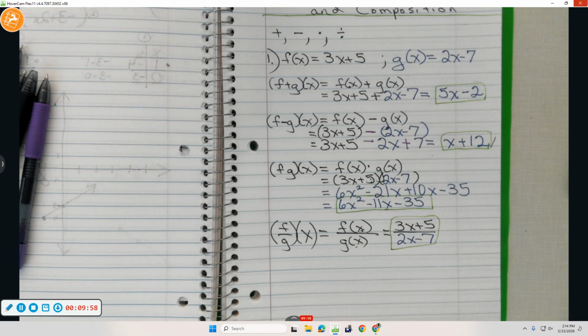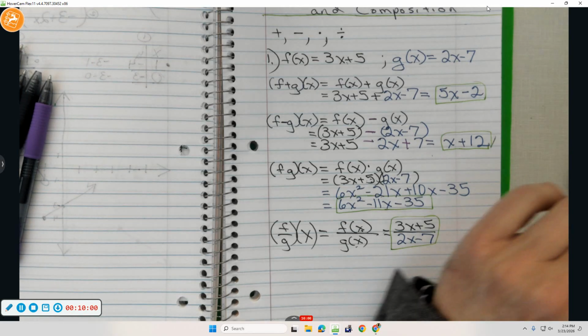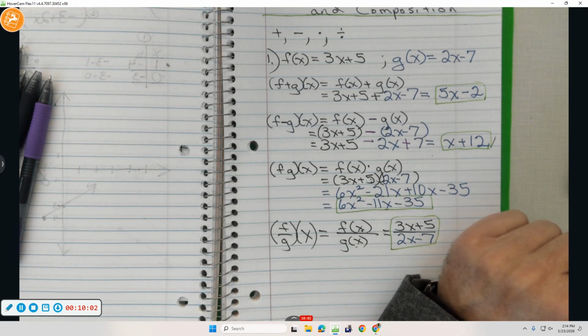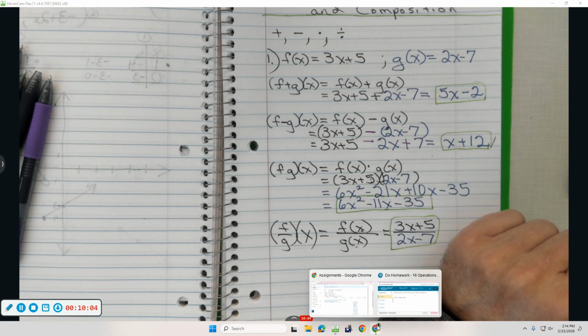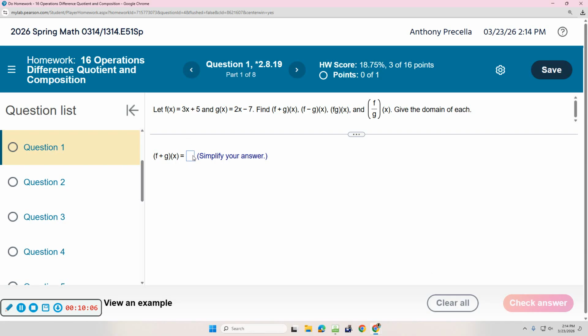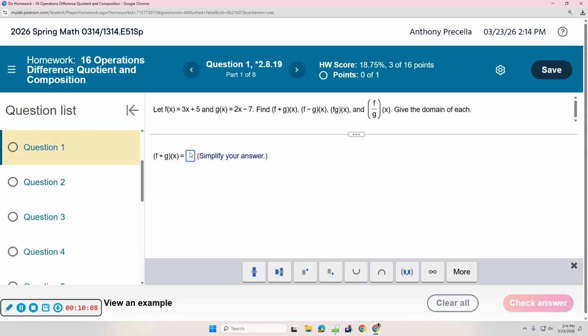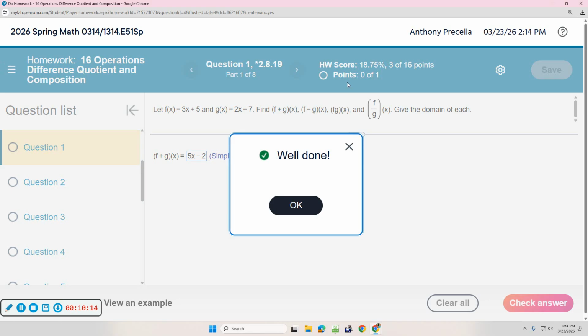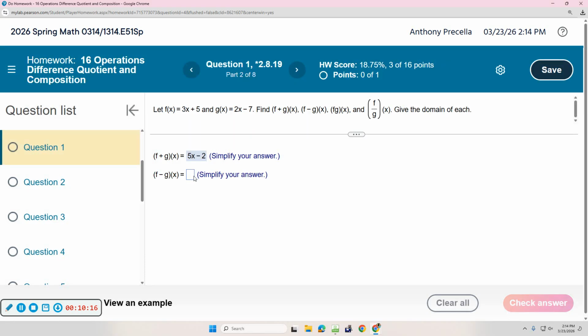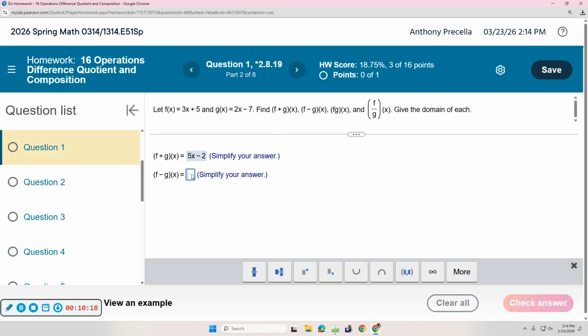And before we get timed out, let me type those answers in. Then we'll worry about their domains. F plus g of x, that's a 5x minus 2. F minus g, that is x plus 12.